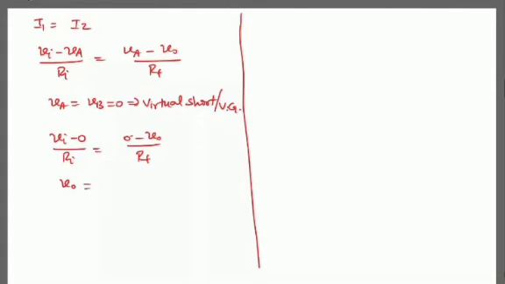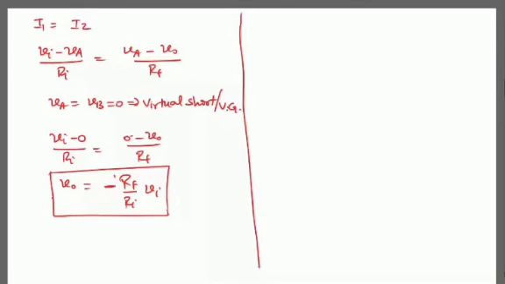So here you can see V0 equals minus Rf over Ri into Vi, and this is the output voltage of this first inverting amplifier. Why is this called inverting? Now you will understand the meaning of this term. This is very important.